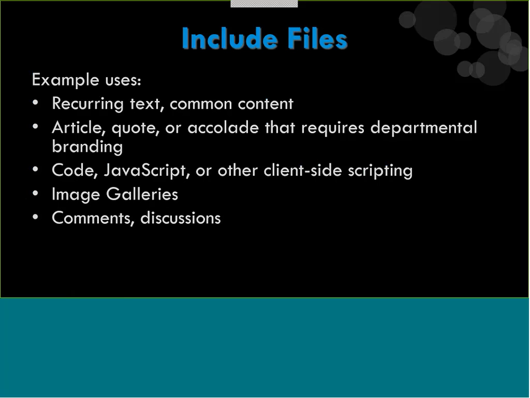So if you have a particular image gallery as an example, and you want to have that as an include file, it would have to contain the source code of the output of that, as opposed to an asset, where you could use an image gallery asset and easily have the end user modify it.